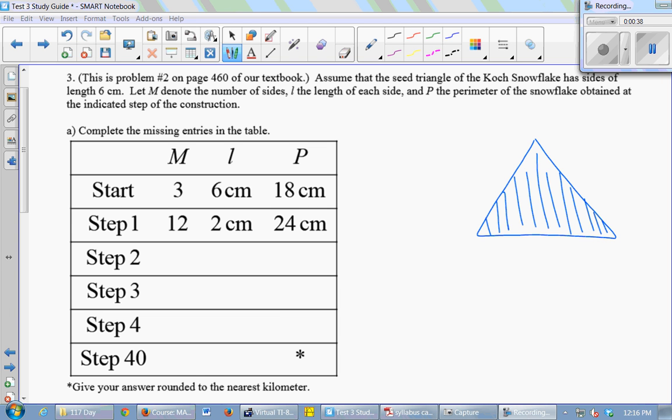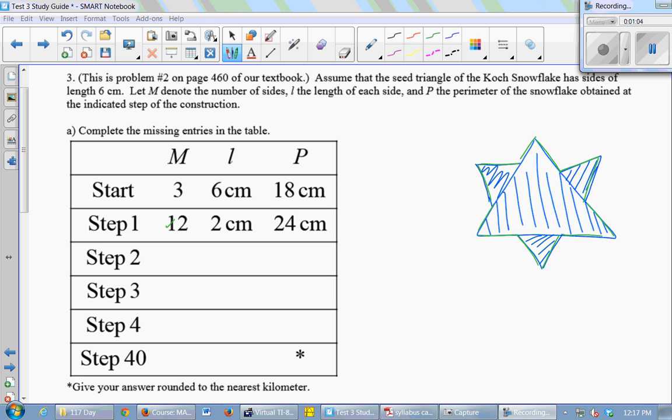All right, and then in step 1, I put a new equilateral triangle on the middle third of each existing side. Shade those in. And now I have 1, 2, 3, 4, 5, 6, 7, 8, 9, 10, 11, 12 sides.